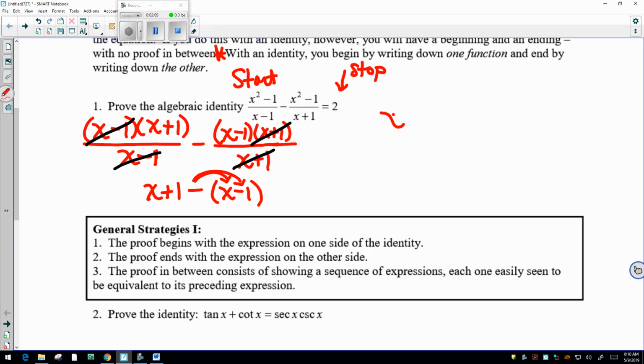So I have x plus 1 minus x minus a negative 1. Simplifying, I can see the positive x, negative x reduce out, and now I'm just left with 1 plus 1, which is 2. So we've started with the left side, done some reductions, simplified it out, gone to the right side, and got it to look like 2. Okay, so that was our basic general strategy.